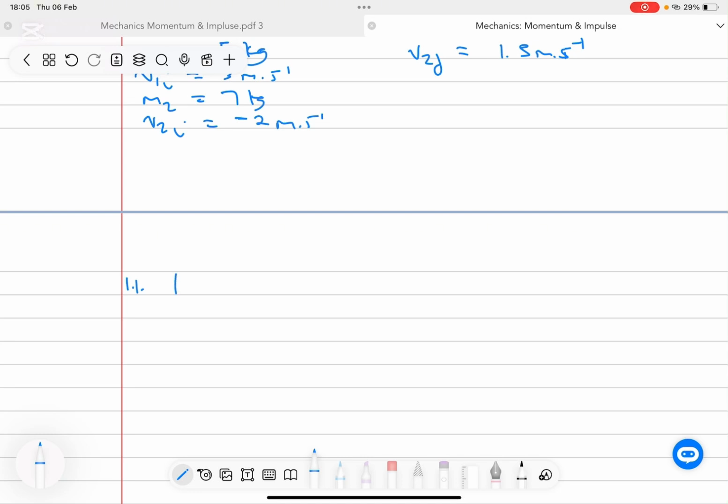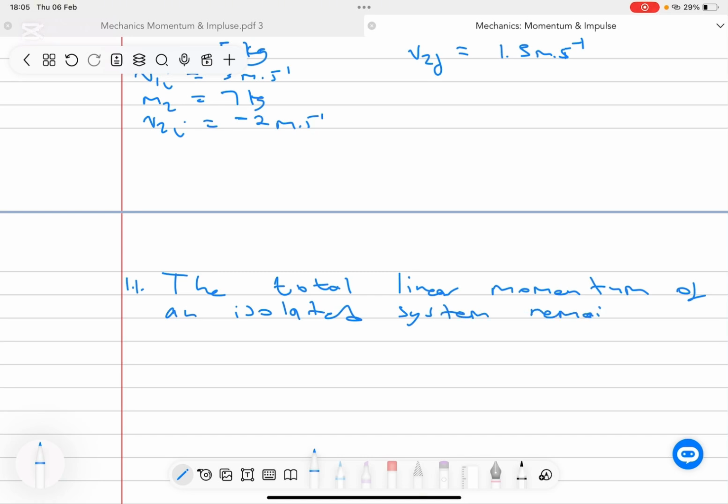So the law of conservation of linear momentum says that the total linear momentum of an isolated system remains a constant.